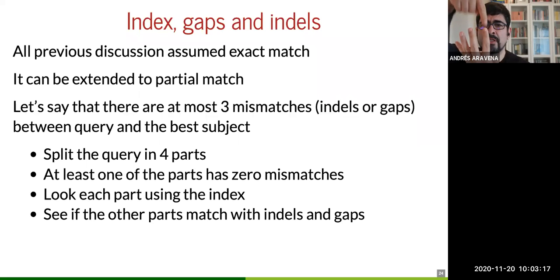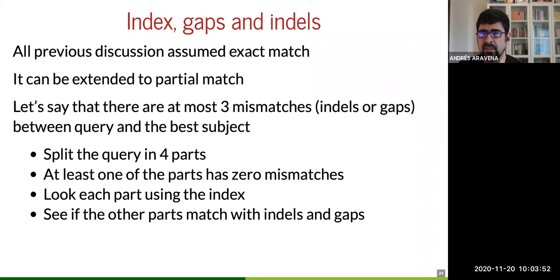You can have mismatch here, here, and here, but this one has to be perfect. Since you have more parts than mismatches, at least one of the parts must not have a mismatch. You can even be lucky, where all the mismatches are in the first part and the other 3 are perfect. So the idea is to divide the query in smaller parts and guarantee that at least one of the small parts is going to be perfect.